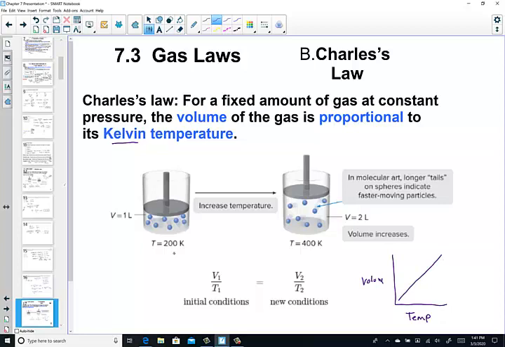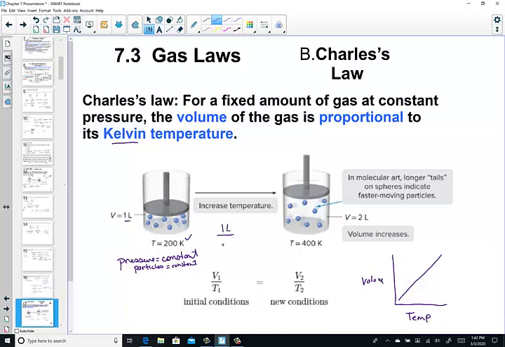Notice in our first set of conditions, we have a piston again that's free to move because the pressure is being held constant. And remember that the number of particles is held constant as well, so I'm not inviting more molecules in or letting any escape out. At 200 Kelvin, this fixed number of molecules occupies a volume of 1 liter.